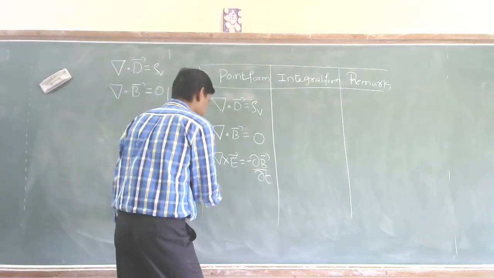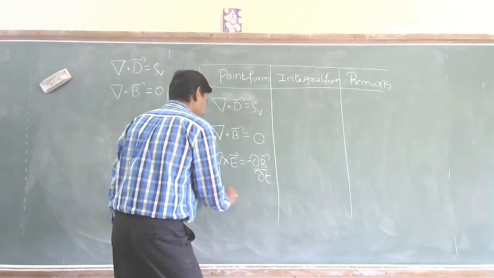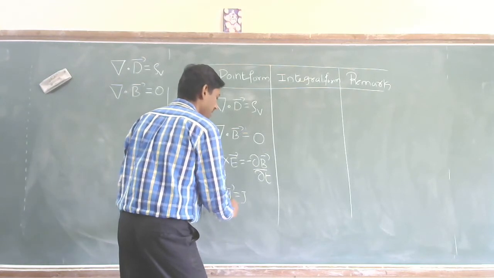And the next one is del cross H is equal to J plus JD.